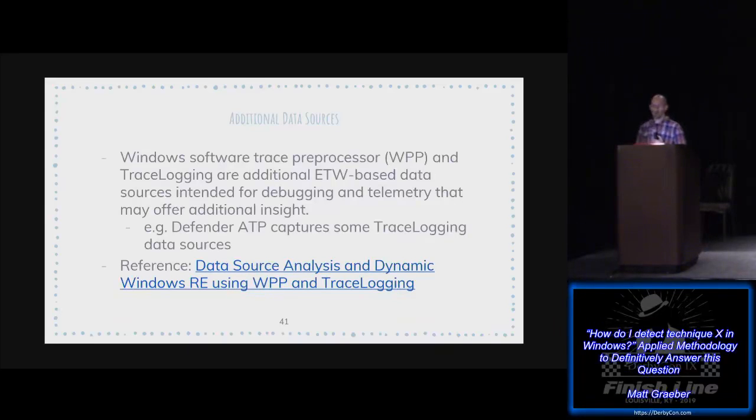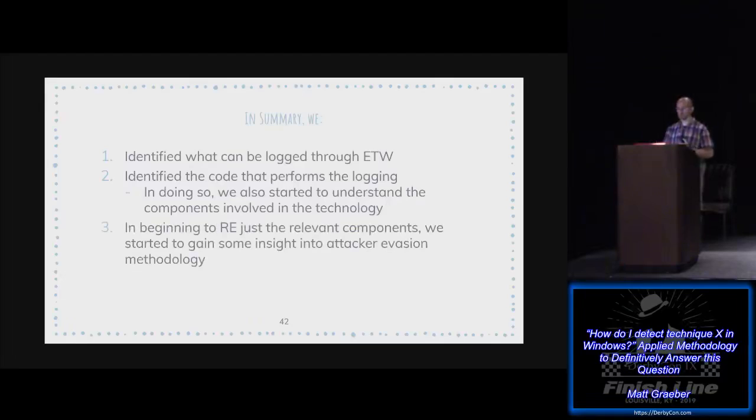These are other ETW-based data sources used primarily for debugging and telemetry purposes. So I personally don't recommend building detections off these. Microsoft actually does. They build some detections off trace logging data sources. I don't have time to get into the weeds there, but I gave a talk at Recon about this topic, and I have a pretty extensive blog post on this.